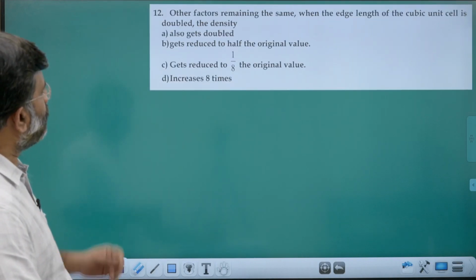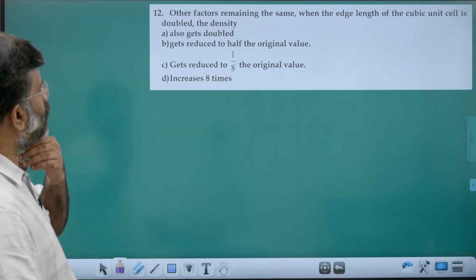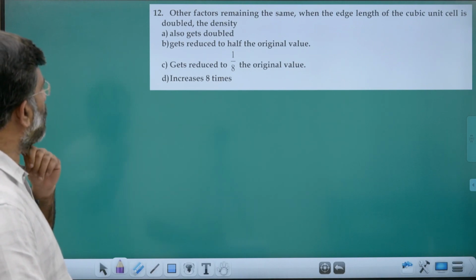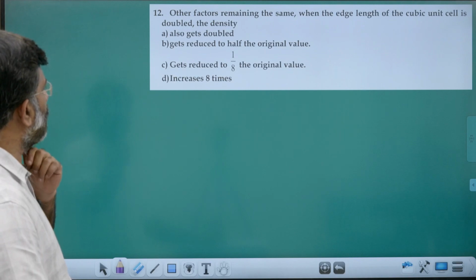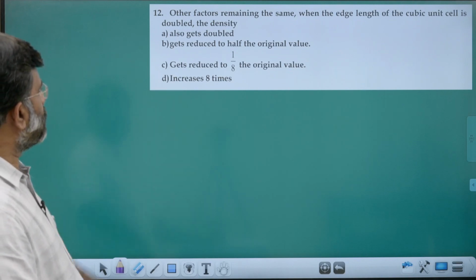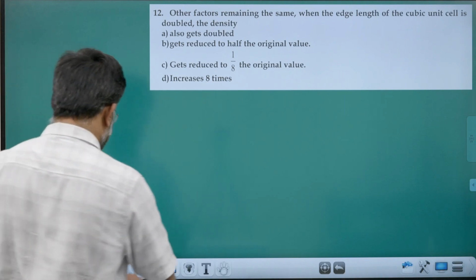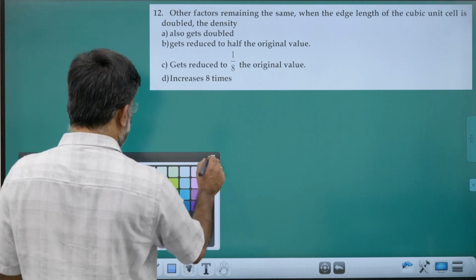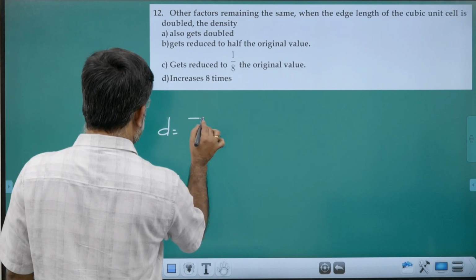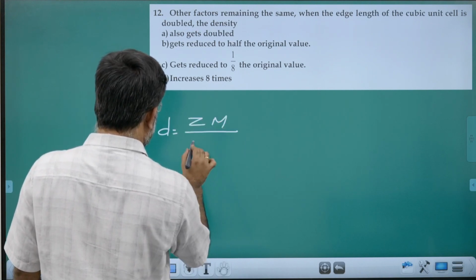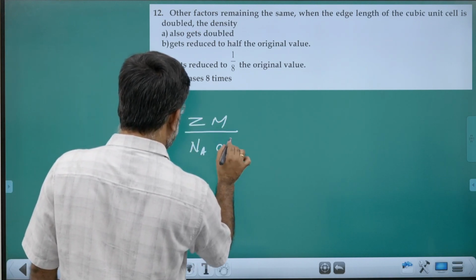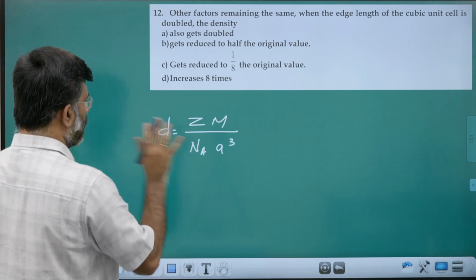Other factors remaining the same, when the edge length of a cubic unit cell is doubled, the density becomes? So all others remain the same. Edge length is doubled, density will become? Simple question, right? D is equal to ZM by NA a cube.